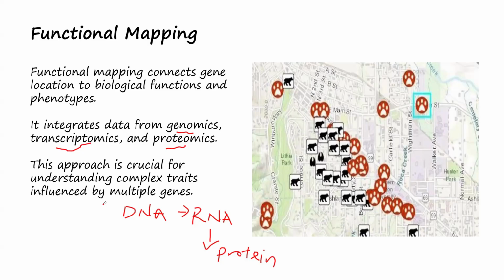The lesser the amount of melanin, the fairer the color. So this is what functional genomics is. Functional mapping is trying to connect the location of the genes to their biological functions and their phenotype. So it is crucial in understanding the complex traits influenced by multiple genes.